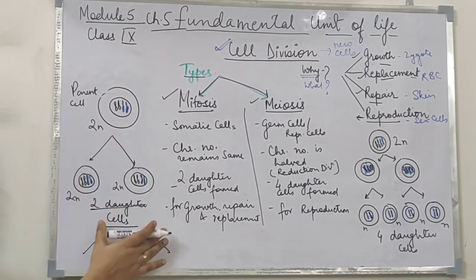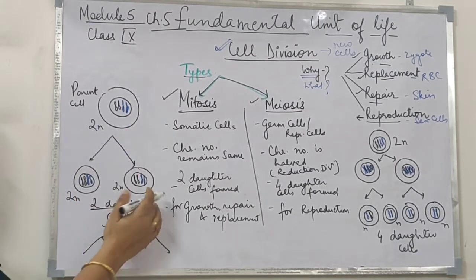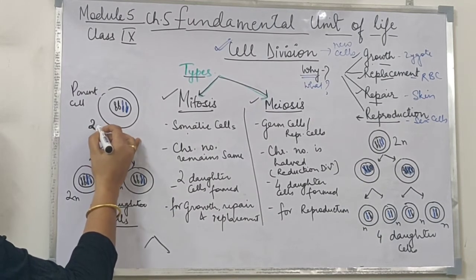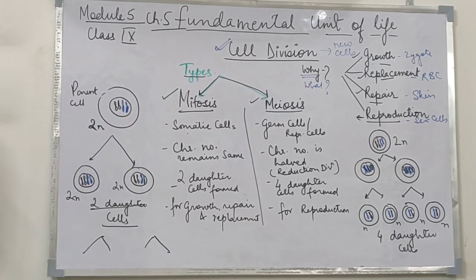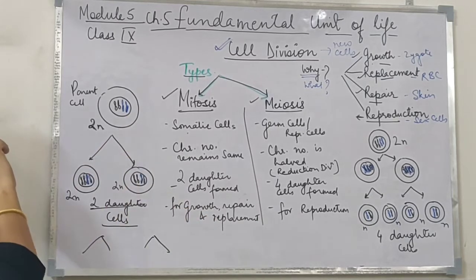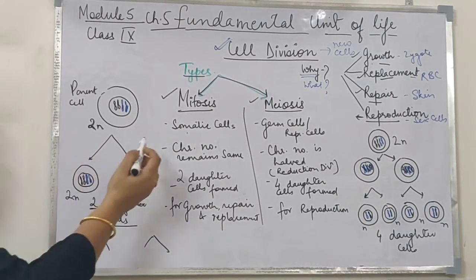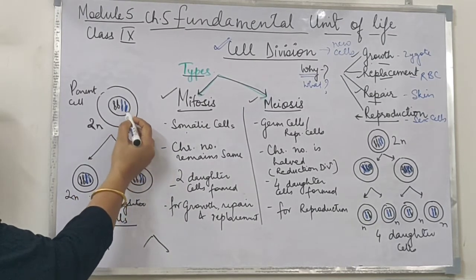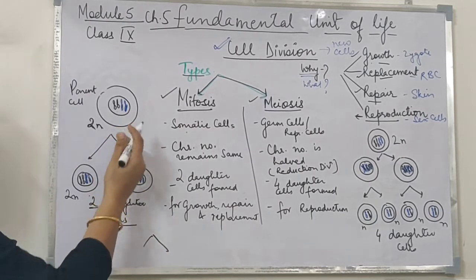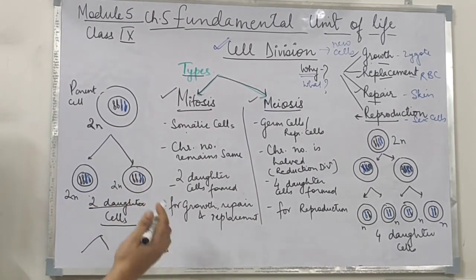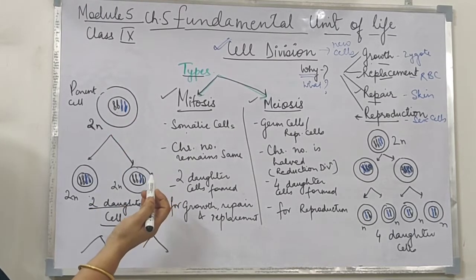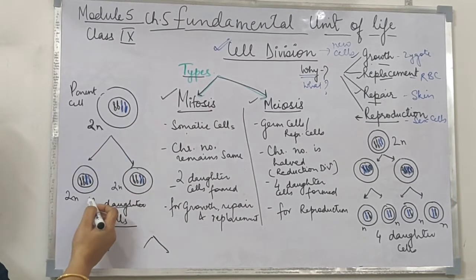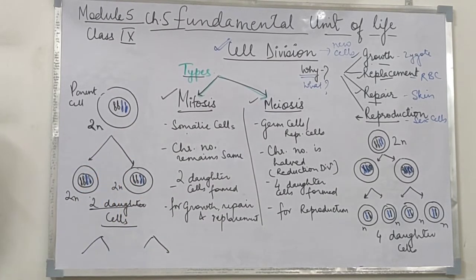Now, if you see, children, this mitosis occurs in somatic cells, and over here the chromosome number, the chromosomes that are present in the nucleus, their number is fixed for any particular species. Now over here the chromosome number remains the same. If you see here, there were 4 chromosomes. They are basically present in pairs. That is the reason they are known as homologous chromosomes. So this chromosome number remains the same and it forms 2 daughter cells.